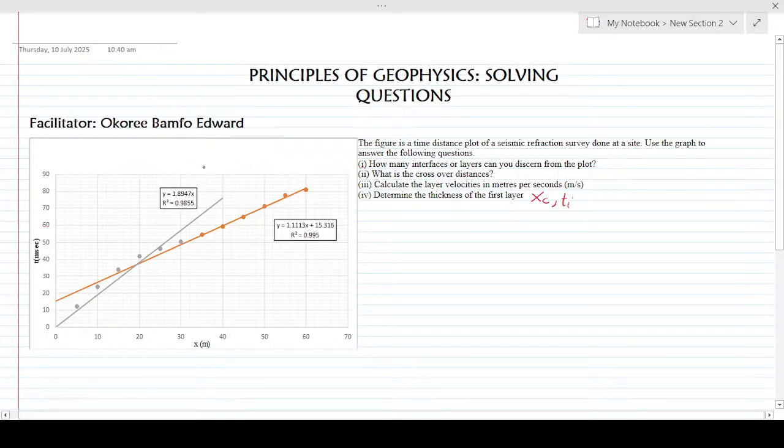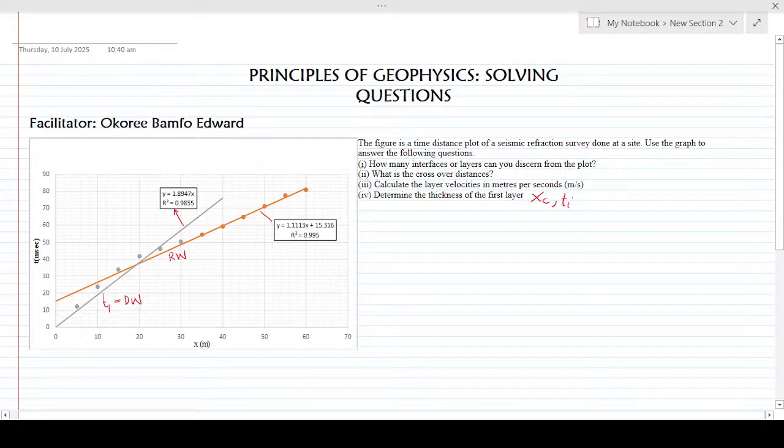Now in the plot, you would have the equation of each of the lines. This equation is for this line and this equation is for this line. The first line that passes through the origin is the time for the direct wave, as we all know, and the one that has an intercept is for the refracted wave.